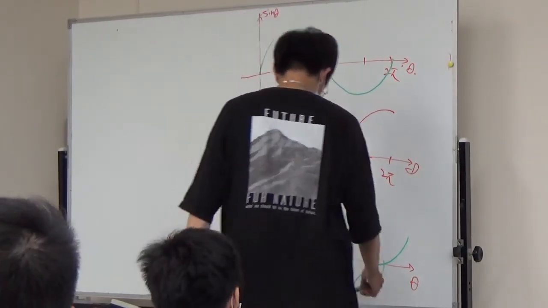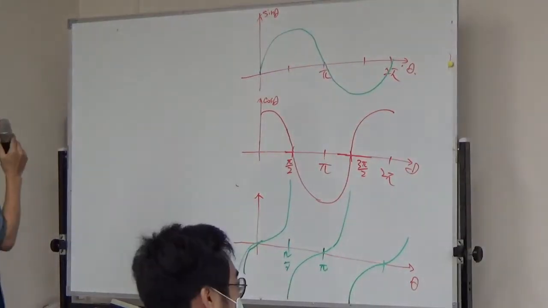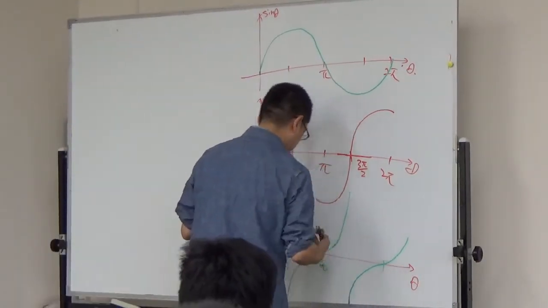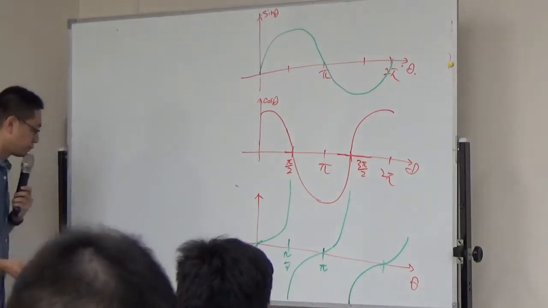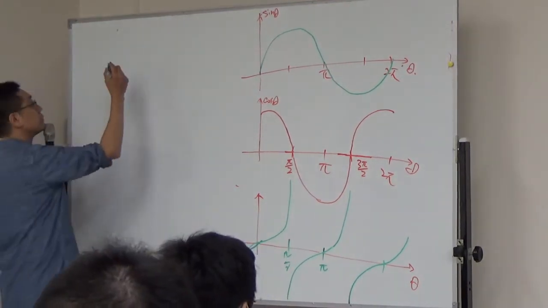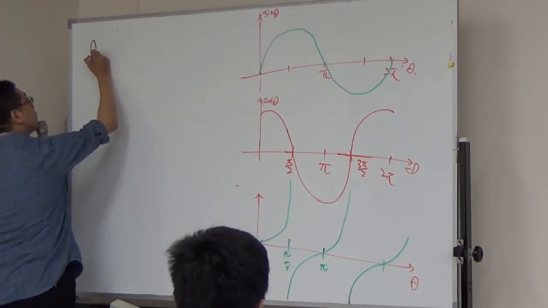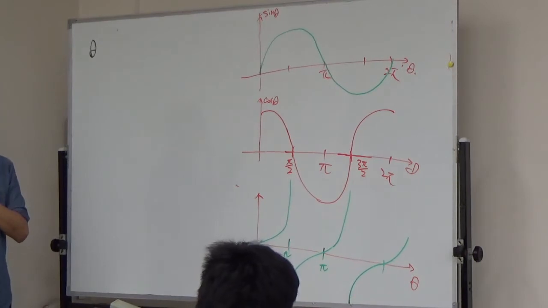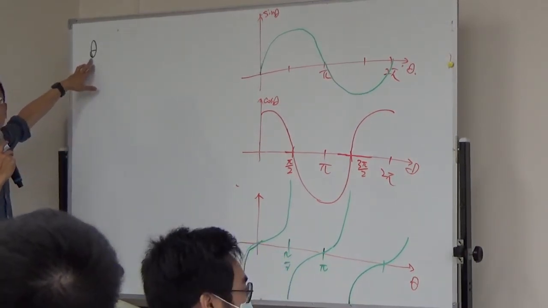Okay, 3 points. We define the electrical length, or sometimes we say the phase.